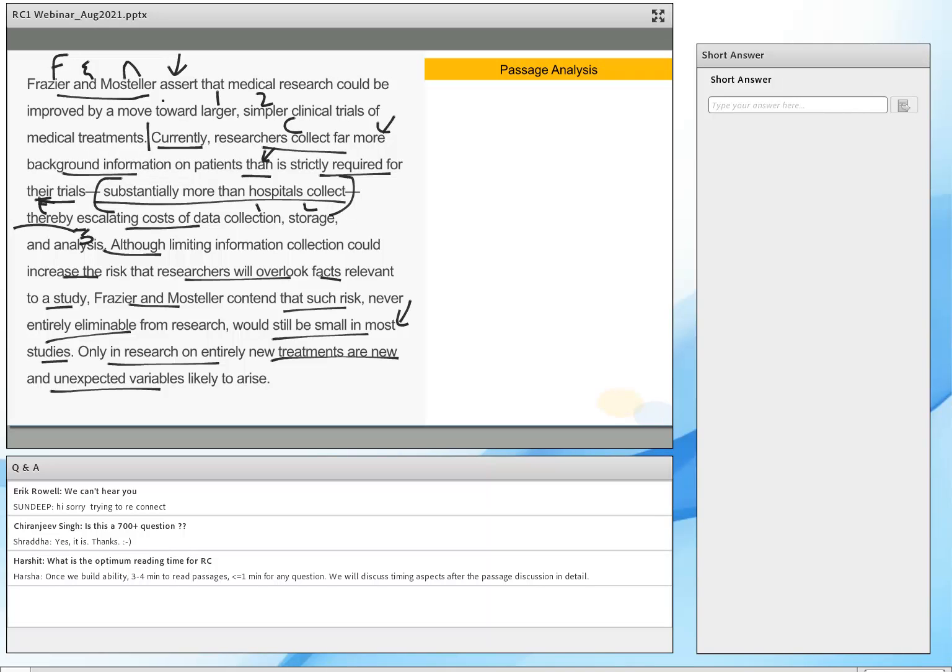But if you're doing a second phase of research on an already researched treatment or disease, then you can very safely bring down the number of variables or information that you collect.